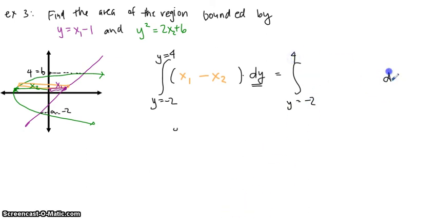The only thing left to do is to convert these x values back to y. So we need to solve for x sub 1, which is y plus 1, right? Minus, we need to solve for x sub 2. So x sub 2 is going to equal y squared minus 6 all over 2.